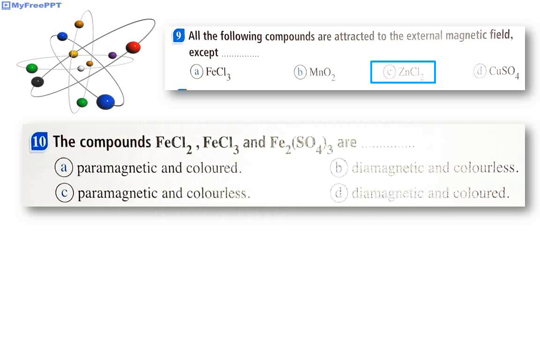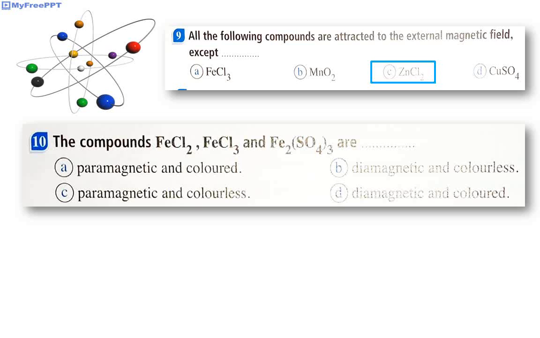Another question here, question number 10. The compounds FeCl2, or iron 2 chloride, and iron 3 chloride and iron 2 sulfate. What do you think about iron here? Iron has different oxidation states according to the non-metal or atomic group that it combines with.